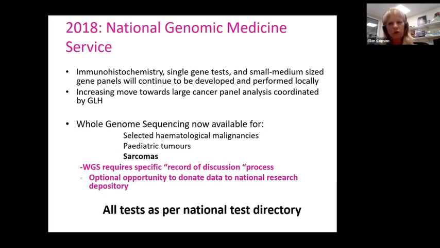That is very much a work in progress. It will depend where you are at the moment as to exactly what tests are being done on your tumours, and at what rate those are going to change to larger panels, but they can be accessed in general at the moment.